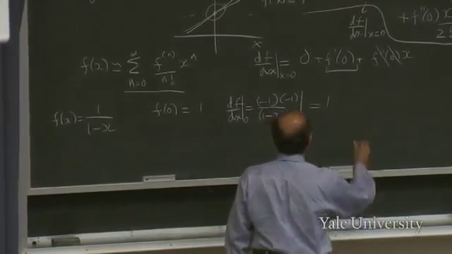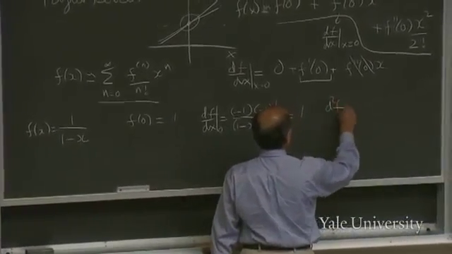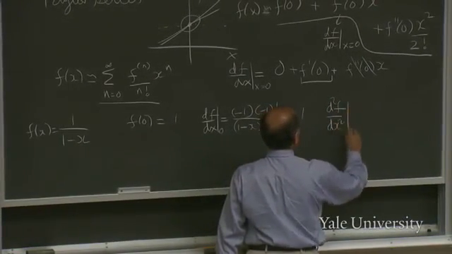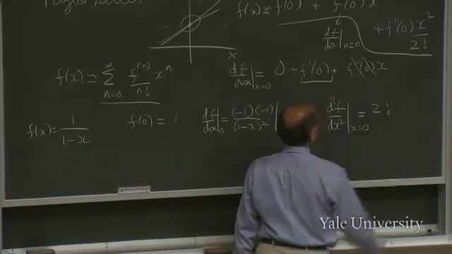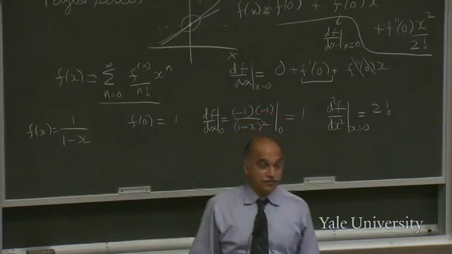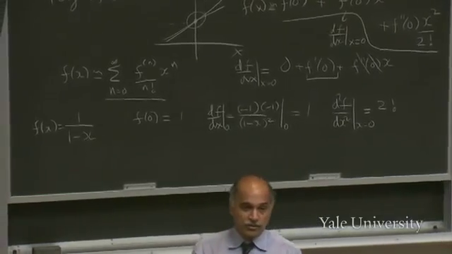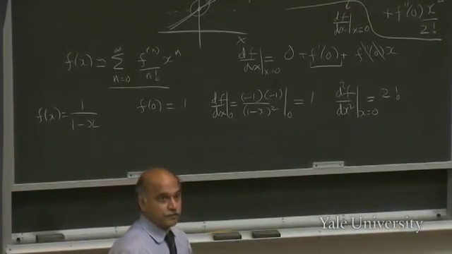If you now take the second derivative of this function, which I don't feel like doing, and I evaluate that at x equal to 0, I'll find it is equal to 2 factorial. In fact, I'll find the nth derivative at the origin to be n factorial.